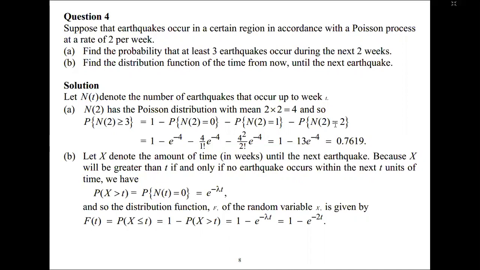So the probability of at least 3 earthquakes will be 1 minus the probability of 0, 1, or 2, the opposite of 3 or more. So we are using the converse, the opposite, to solve it. So it will be 1 minus this. But we know the rate to be equal to 4. So first you put lambda equal to 4 and a equal to 0.